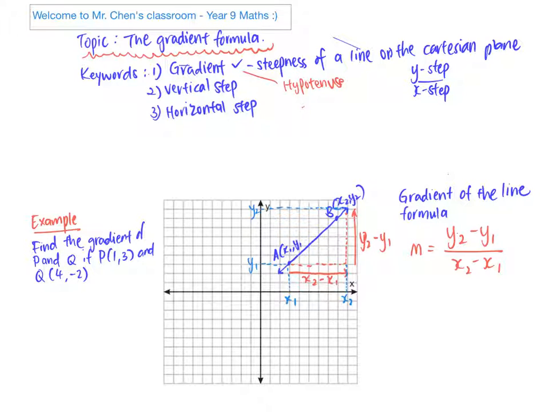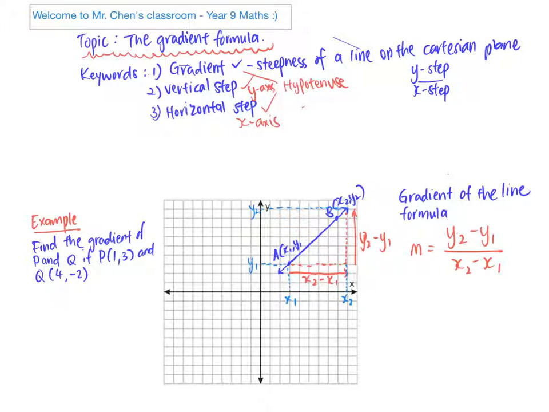And the second, we have vertical step, which is your y-axis, and horizontal step, which is your x-axis. Alright, let's look at the Cartesian plane below.